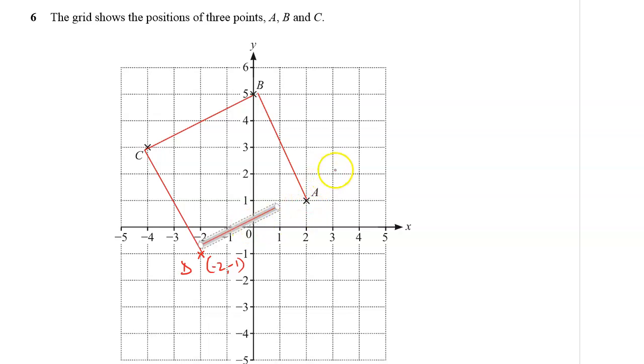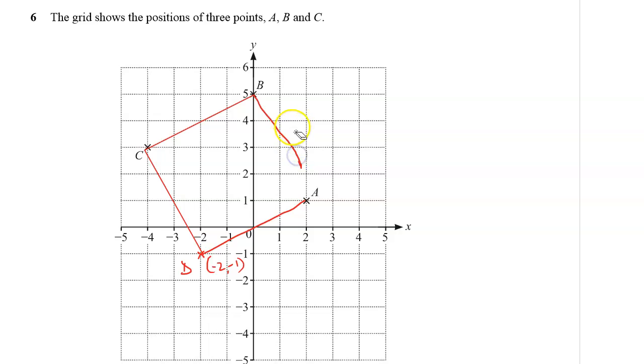This is not a perfect square. It's not behaving. Alright, so let me just join freehand that point there. So that looks more of a square. Let me join freehand.